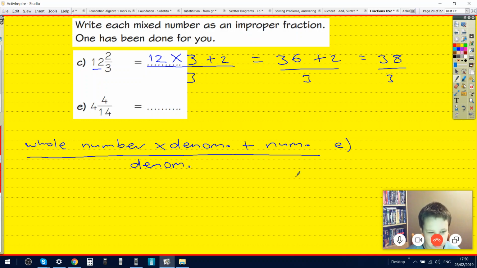Oh, so no, that would be, well, no, hang on, oh, sorry. E would be 4 times 14, and then plus 4, and then the denominator, which is 14.